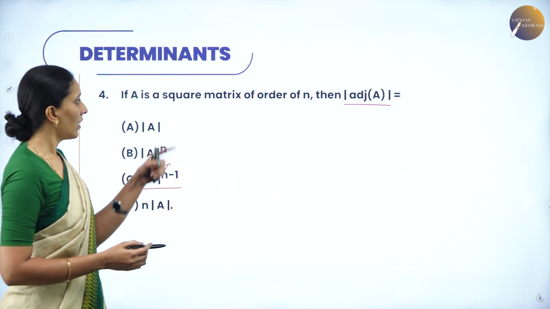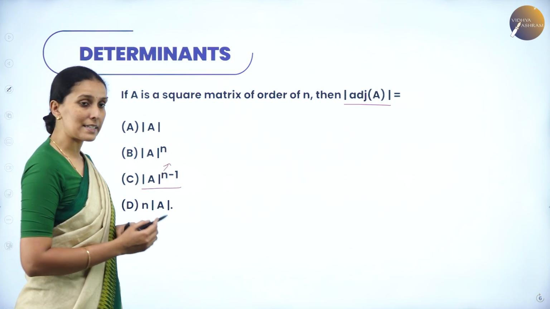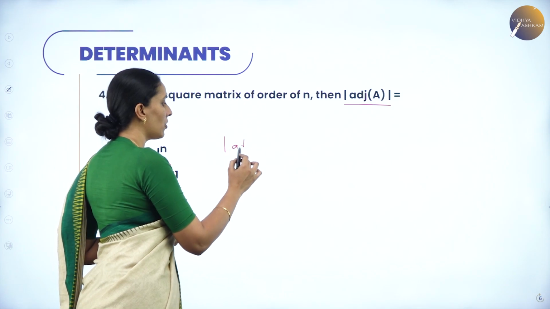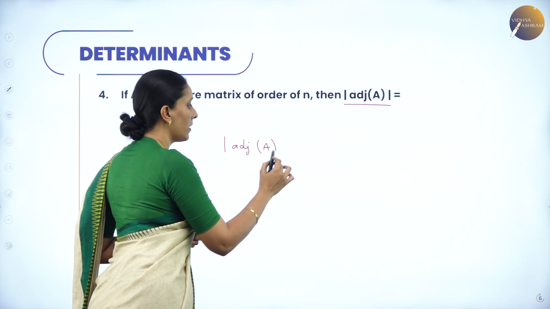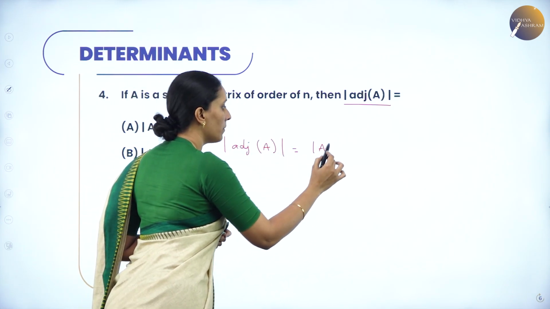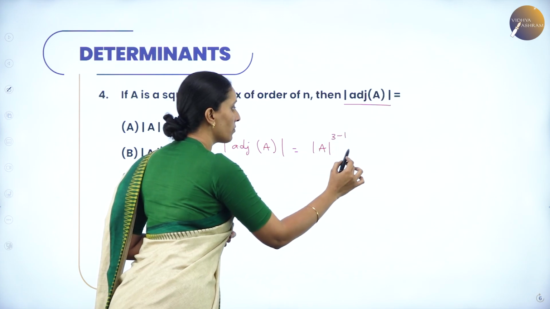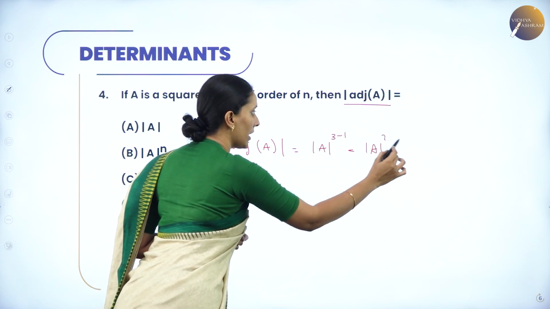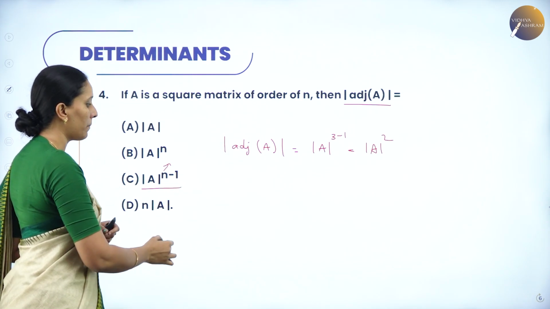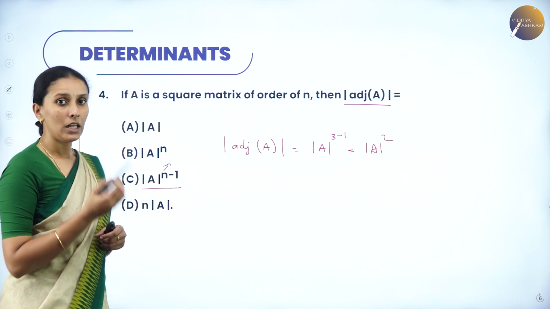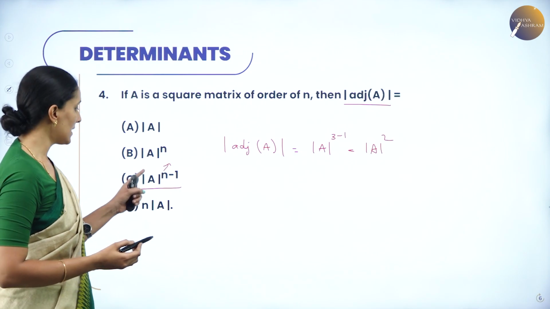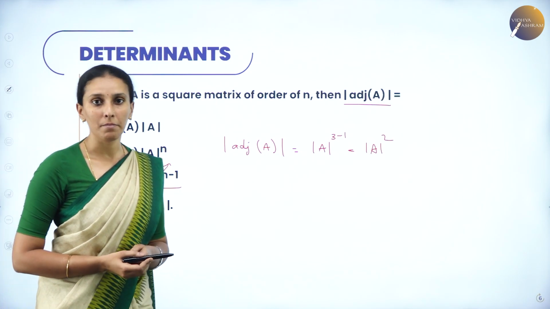For instance, if the order of the square matrix is 3, then determinant of adjoint A will be equal to determinant A to the power 3 minus 1, which is determinant A square. So this is an example, and in general we can write the determinant of adjoint A as determinant A to the power n minus 1.